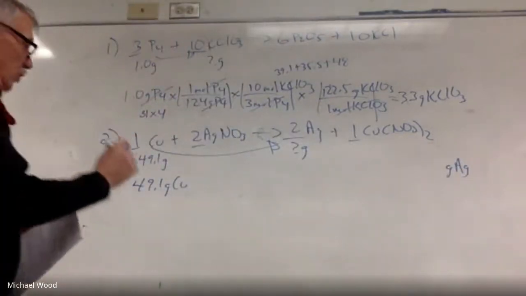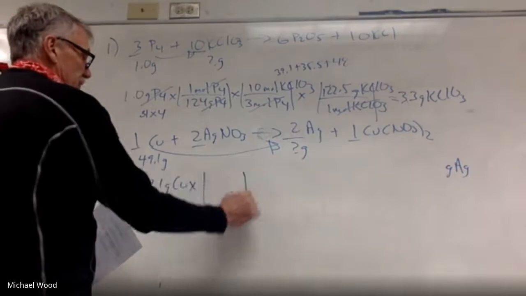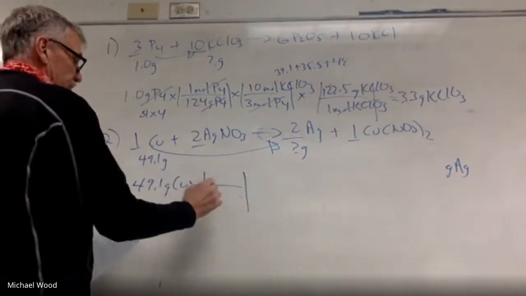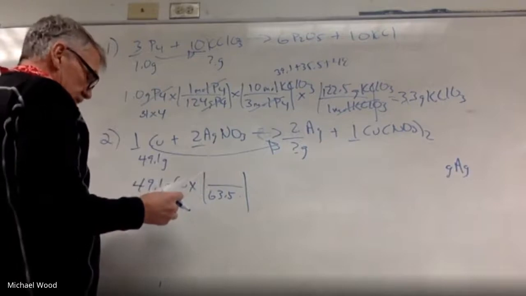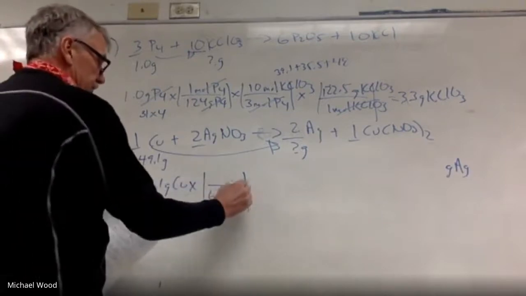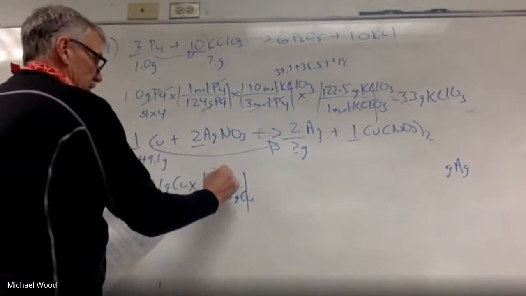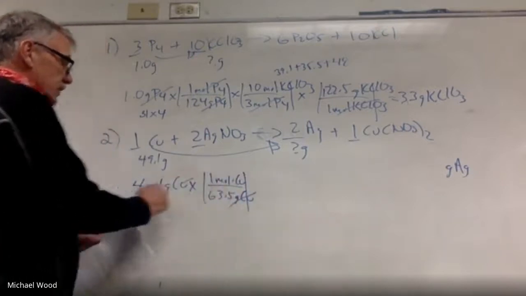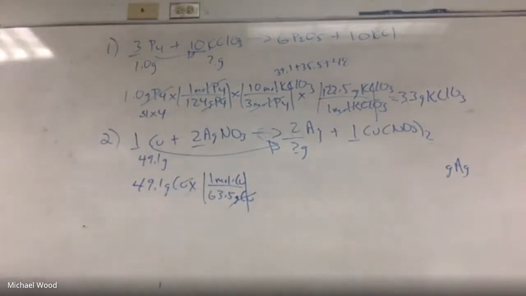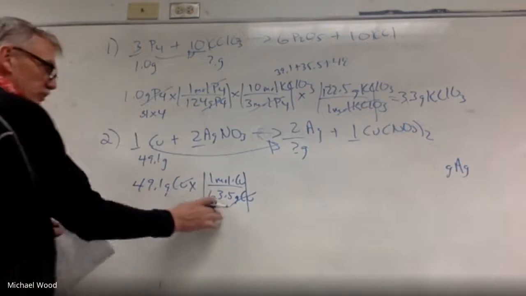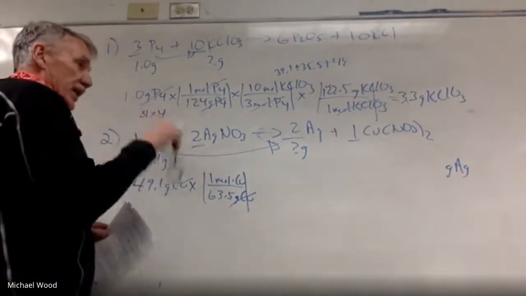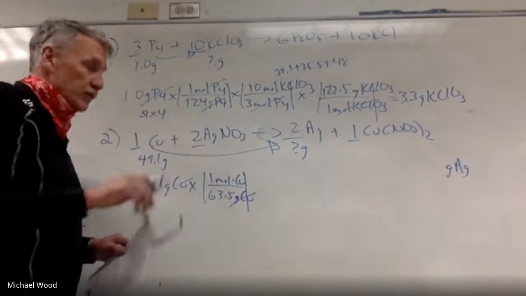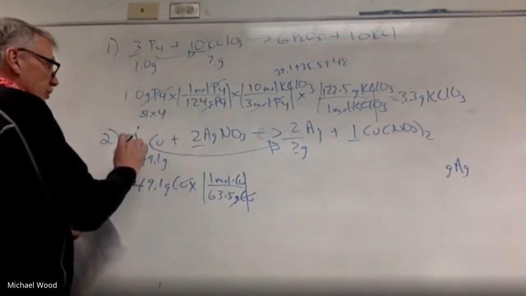So step number 1 is I've got to convert this to moles. So I'm going to look up copper's molar mass, which is 63.5. So what I did in step 1 is I converted to moles. On the bottom, again, what I start with goes on the bottom, copper. Now that it's in moles, and again, if it's not in moles, you got to get it into moles, now I'm going to use the ratio.